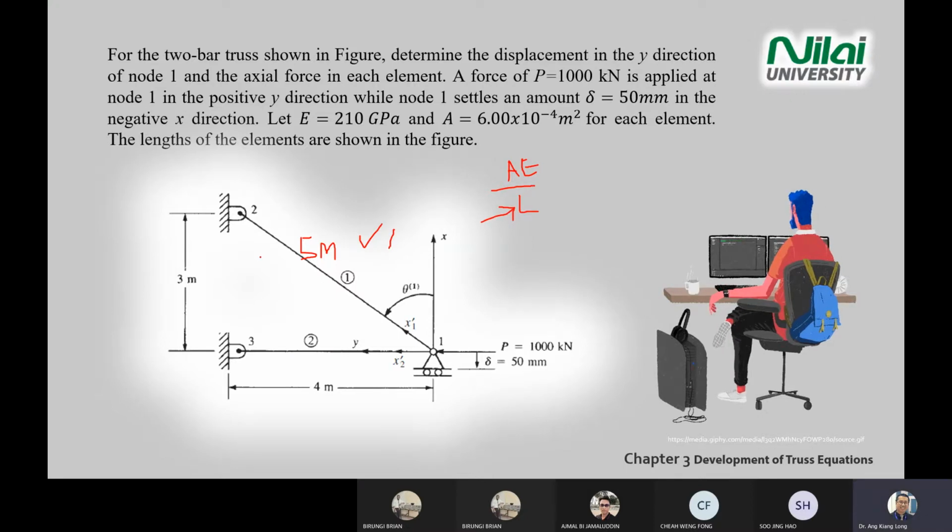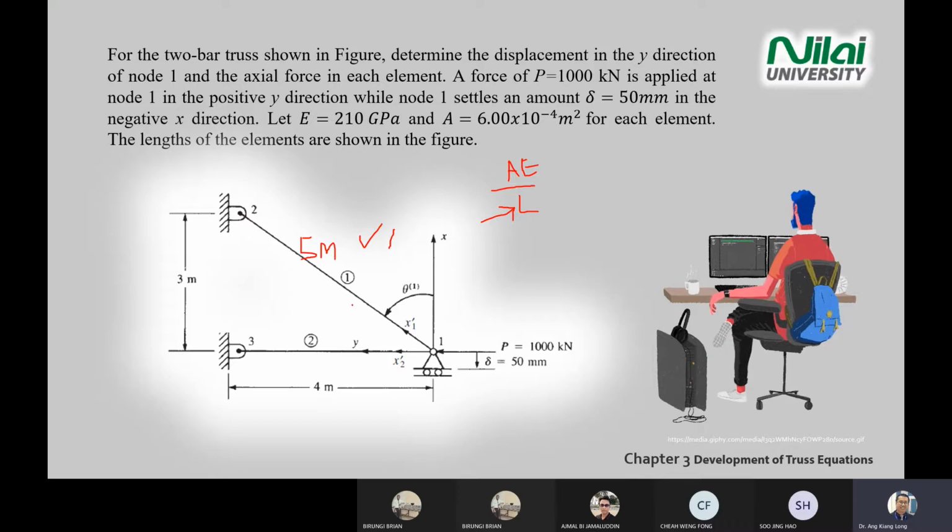Before you start solving, you look at the question and try to look for any missing important data that you need. For example, the length of element 1 from point 1 to point 2 is missing, so you need to find the L first.